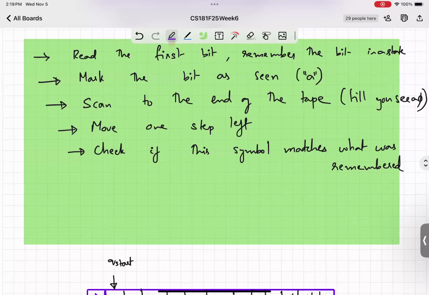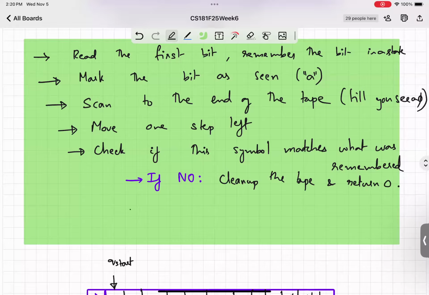If it doesn't match, what should you do? If the first and last symbols don't match, you know the answer to the function. It's not a palindrome, so you don't have to redo everything. You can just output the answer. So you enter a state which is going to say clean up the tape and return 0.